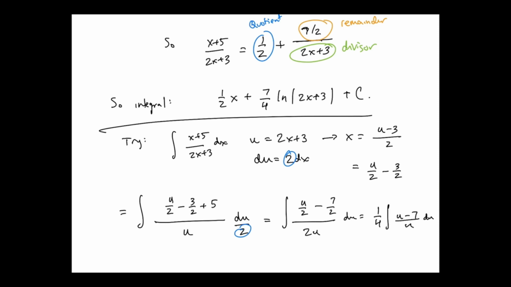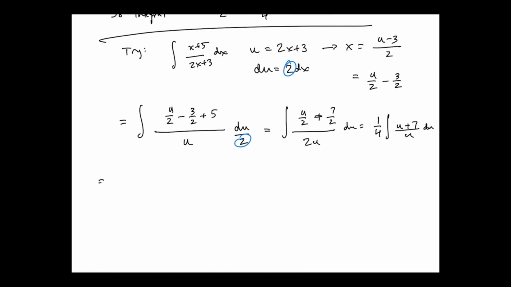Oh, sorry, so it's plus. Plus, minus, okay. All right, so am I good now? Plus, not minus there? Yeah. Okay, now break up the fraction as 1 plus 7 over u du.